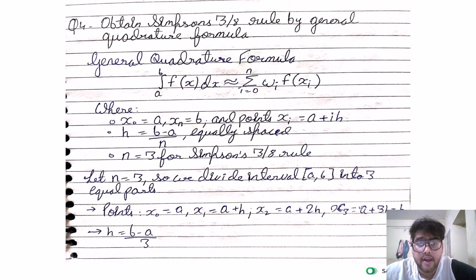So the fourth question we have is: obtain Simpson's 3 by 8 rule by the general quadrature formula. The general quadrature formula is the integration of f of x dx from a to b, which equals the summation of wi f of xi, in which i is equal to 0 to n, where x0 is equal to a and xn is equal to b, and these are the points that are given. wi is the weight and h is the step size, which is (b minus a) upon n, equally spaced.